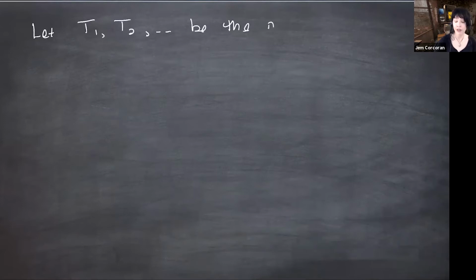Okay, so I'm going to let T1, T2, etc. be the inter-arrival or inter-event times of a rate lambda Poisson process. Sometimes I hyphenate that, sometimes I don't. I always hyphenate inter-event, but never inter-arrival.